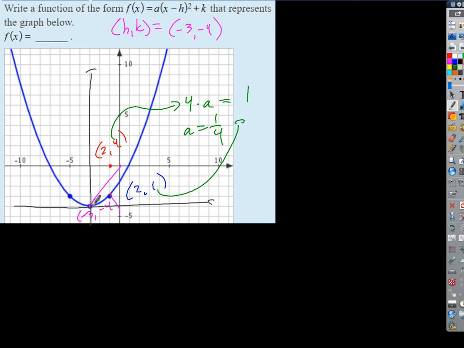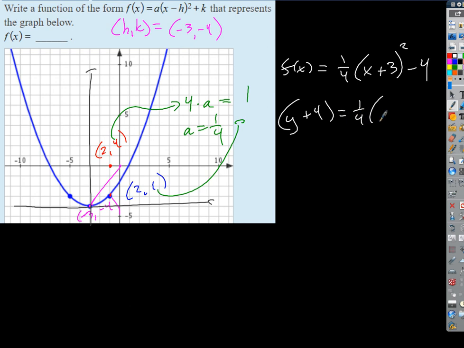Everybody see that? Okay, so if I want to write this out in this form, filling in the blanks, f of x equals 1/4 times the quantity x minus -3, so that's x plus 3 squared, plus k, which is -4. And if I wanted to write it the other way that I showed you, I could write this as y plus 4 equals 1/4 times x plus 3 squared.